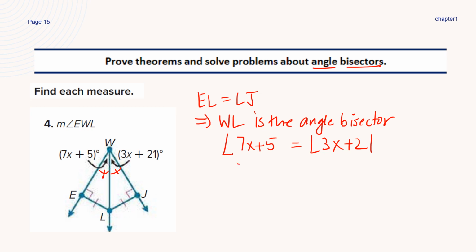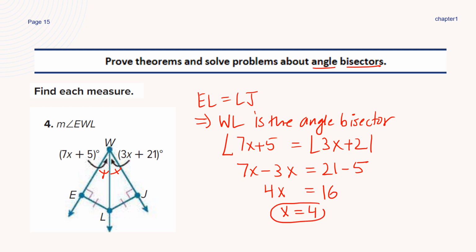Let's solve it. So 7x minus 3x is equal to 21 minus 5. Just take the like terms. So this is going to be 4x is equal to 16, or x is equal to 4.